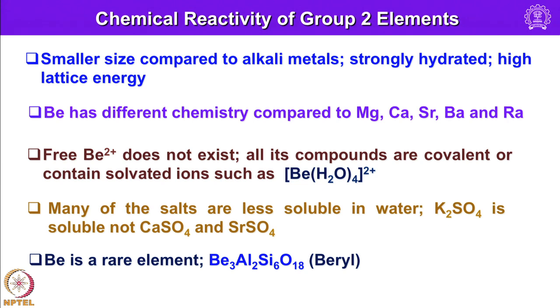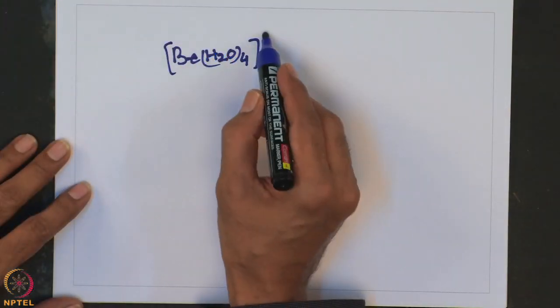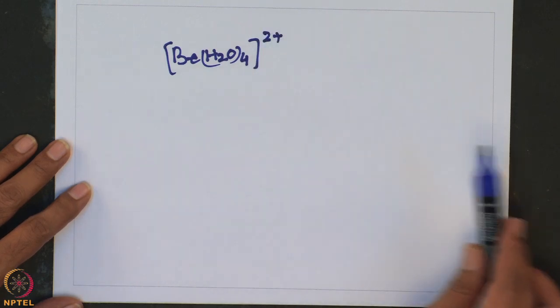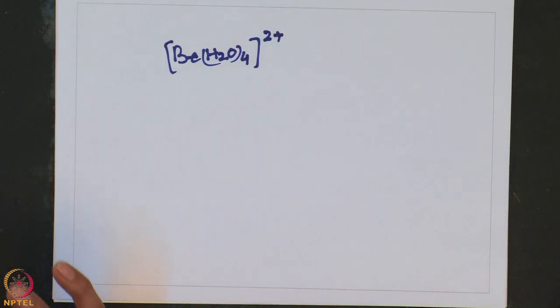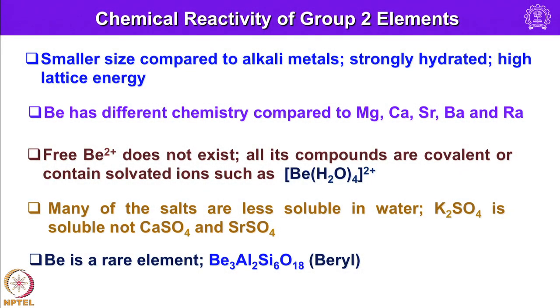Free beryllium 2 plus ion does not exist. All its compounds are covalent or contain solvated ions, that means it is very difficult to isolate free beryllium 2 plus ion. Many of the salts are less soluble in water.